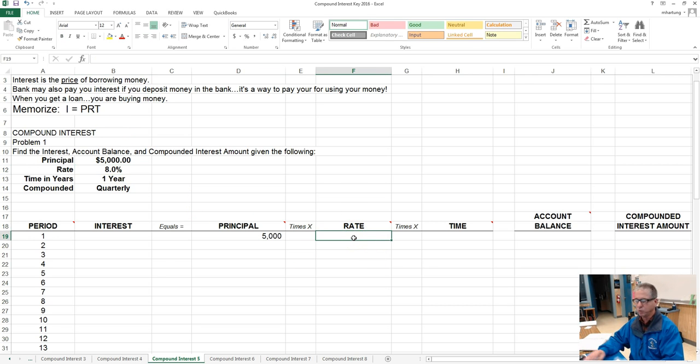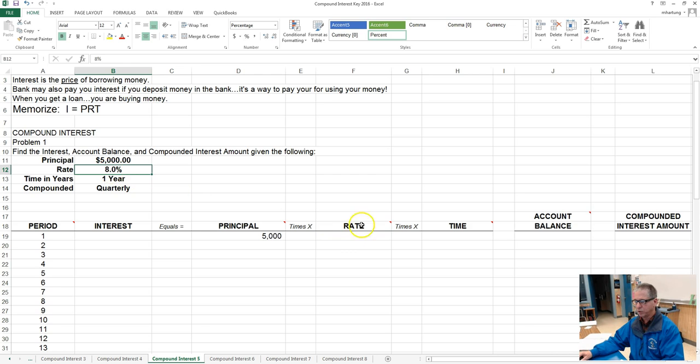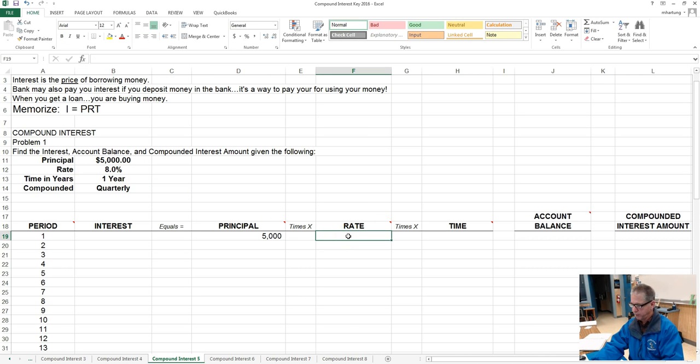Otherwise, our numbers will be huge, much more than is realistic here, because this is an annual percentage rate. So instead of putting in 0.08, we're going to divide it by 4, so it will be an equal sign. Take that yearly rate, divide it by the number of times that we're going to be compounding per year, which in this case is 4. And then we've adjusted that factor.